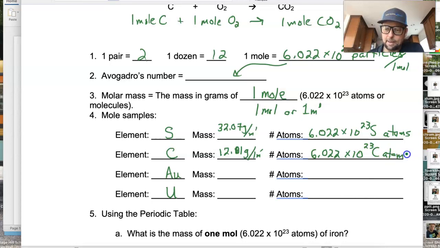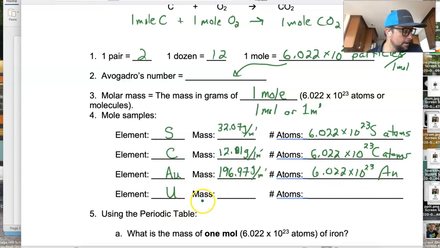And if you haven't yet, you might be speeding me up to 1.25 or 1.5. For gold, it's a little bit repetitive, but 196.97 grams per mole. And there are also 6.02 times 10 to the 23rd atoms.